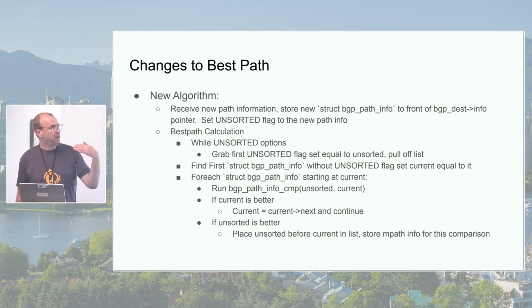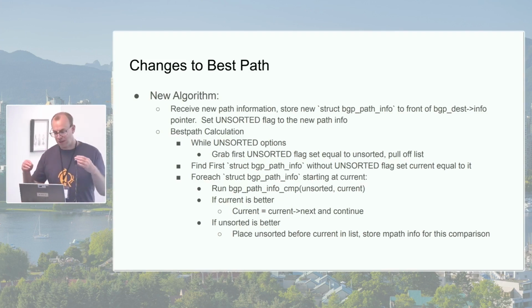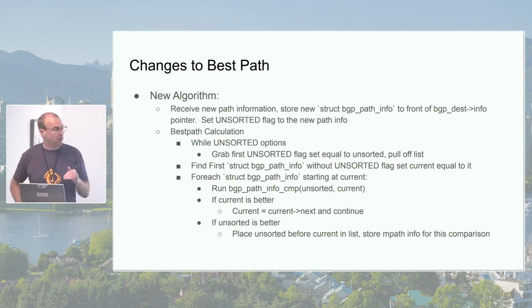Then I run BGP path info compare for the unsorted versus current, and if current is better, I take current off the list and put it in that spot and continue on, back up to the top of the while loop. If the unsorted is better, I place it on the list. That leaves me with a sorted list of best paths. When the unsorted gets to the correct spot in the list, we stop processing and stop looking at it.